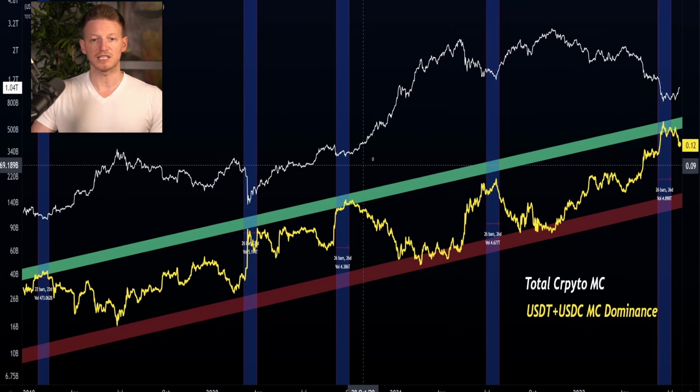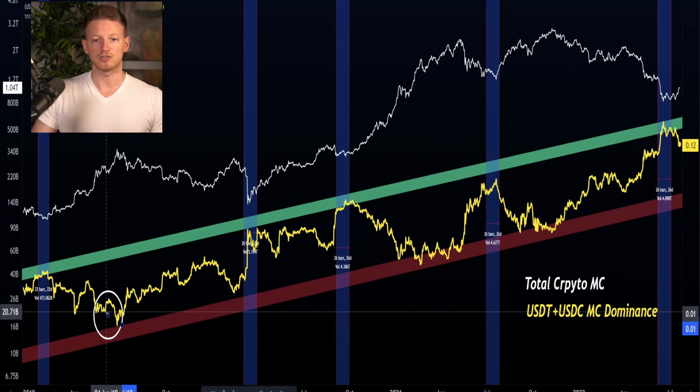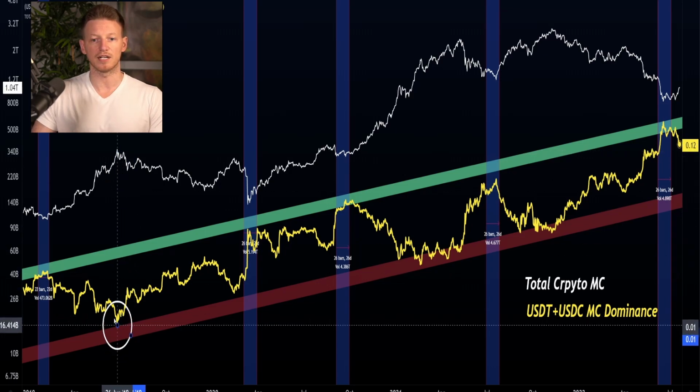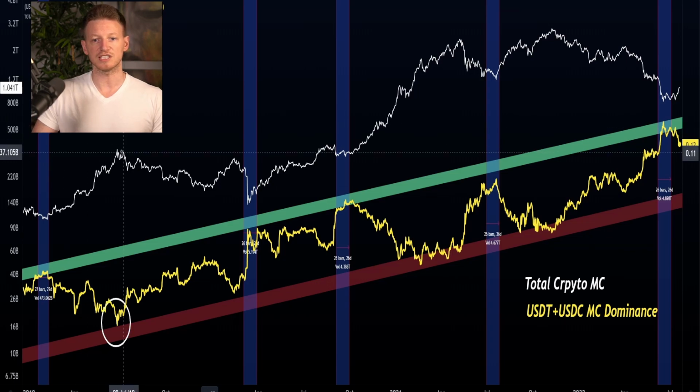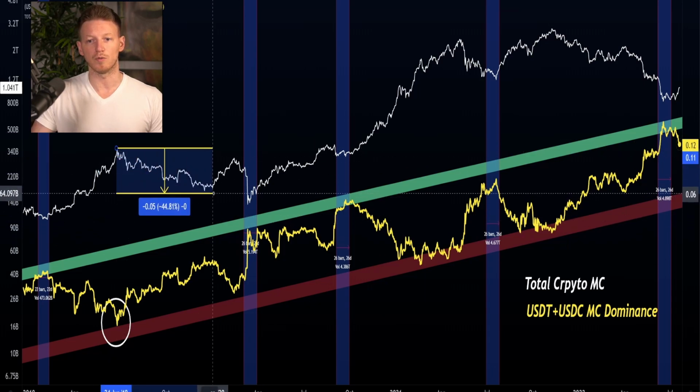Now conversely, let's look at the other end of the spectrum. We have times like here in 2019 when the market topped out in June of 2019, and then we went on a prolonged bear market. Just like the market does quite well in every instance where we hit the upper end of the band, how does the market do when we hit the lower end?